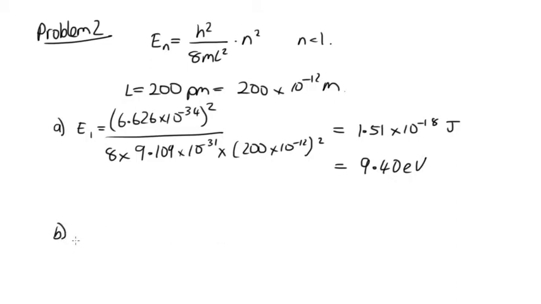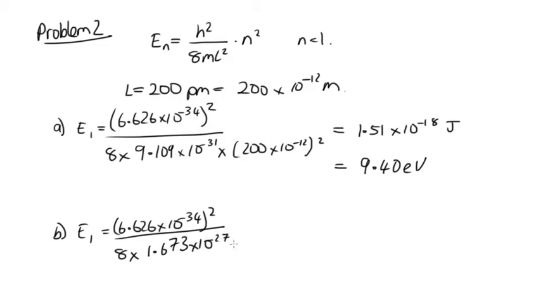Okay, part B then asks us to calculate this for a proton. So a proton's the same apart from the mass. The mass of a proton is heavier. So we've got E1 is equal to 6.626 times 10 to the minus 34 squared, and then we divide by 8 times the mass of a proton here, 1.673 times 10 to the minus 27, times 200 times 10 to the minus 12 squared.